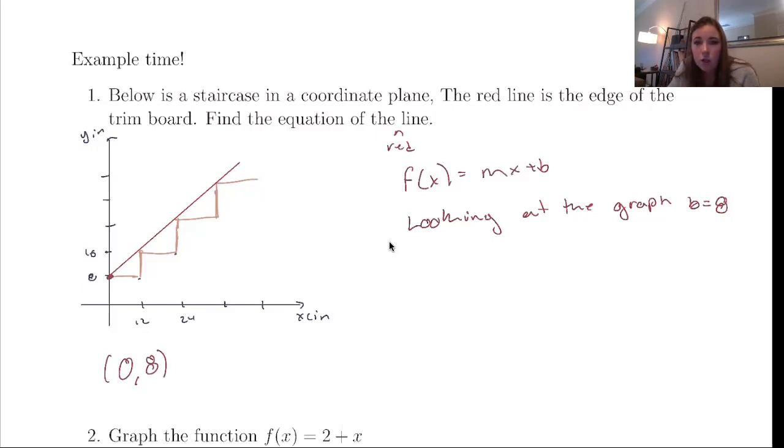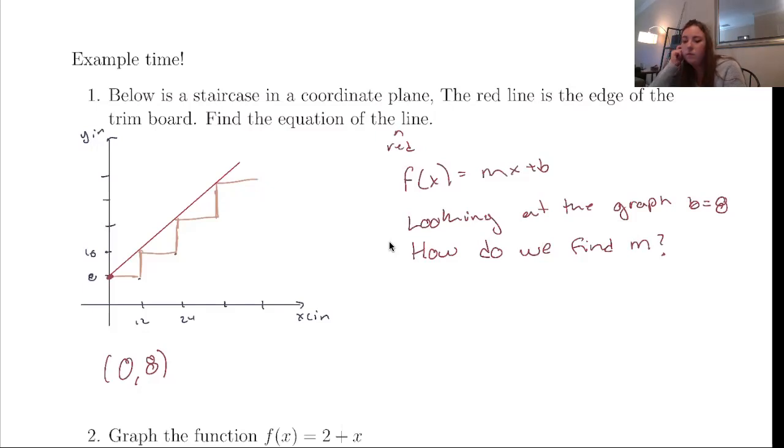All right, so how do I find m? What's a way that I could find m? Because that's the only one I'm missing. Rise over run. How do I figure out rise over run? Or the slope.